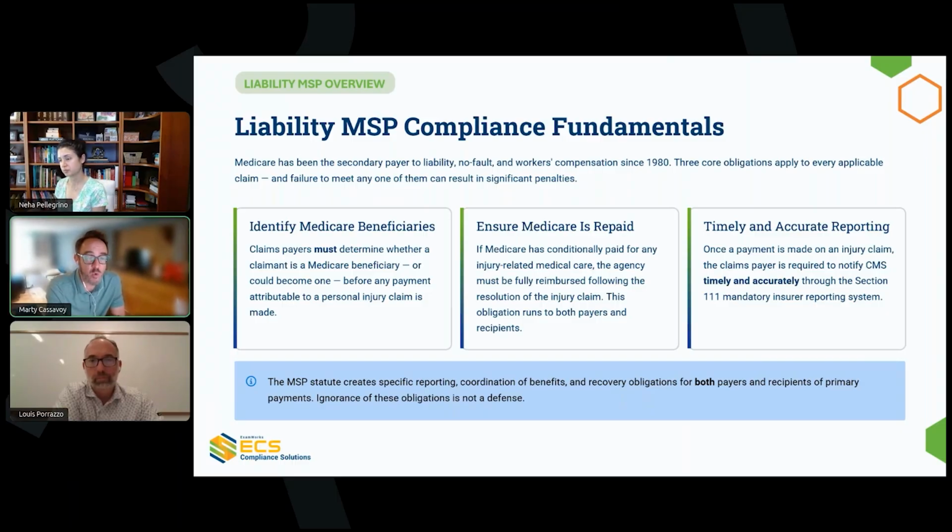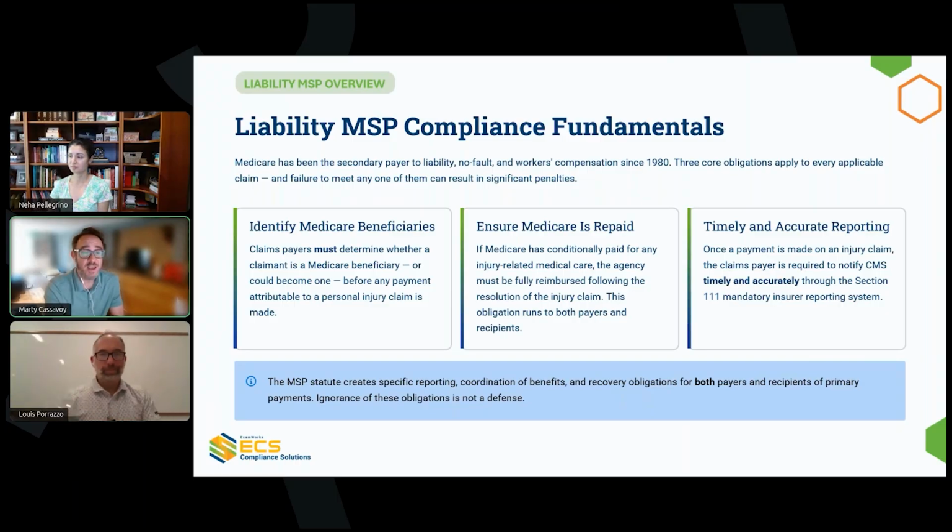But the three requirements of all MSP compliance are: one, you have to first identify Medicare beneficiaries. This is a really big problem in liability cases, and we'll get into how we go about doing that. It's different in liability, obviously, and it's different in no fault, obviously, than it is in workers' comp. So any claims payer must determine whether or not a claimant is a Medicare beneficiary or could become one before any payment attributable to a personal injury settlement can be made.